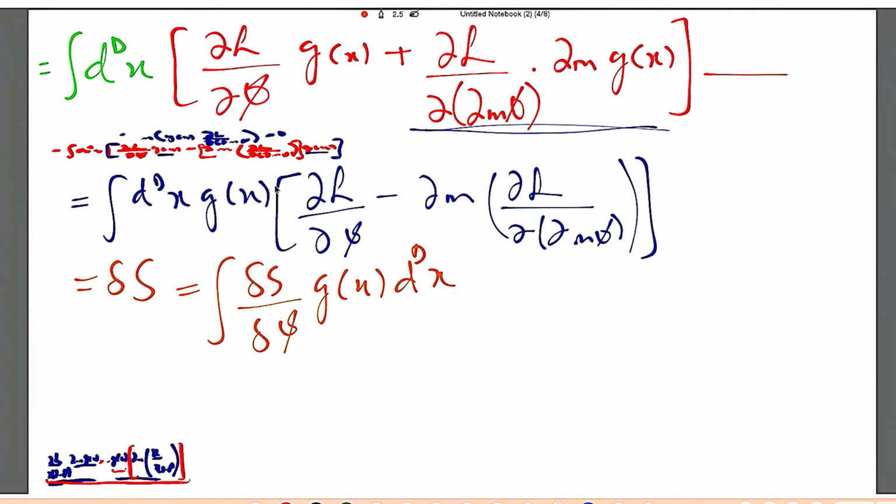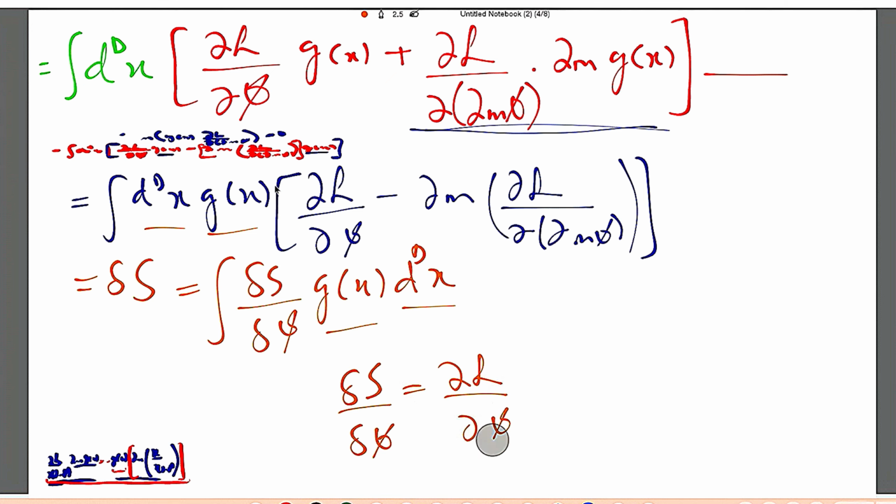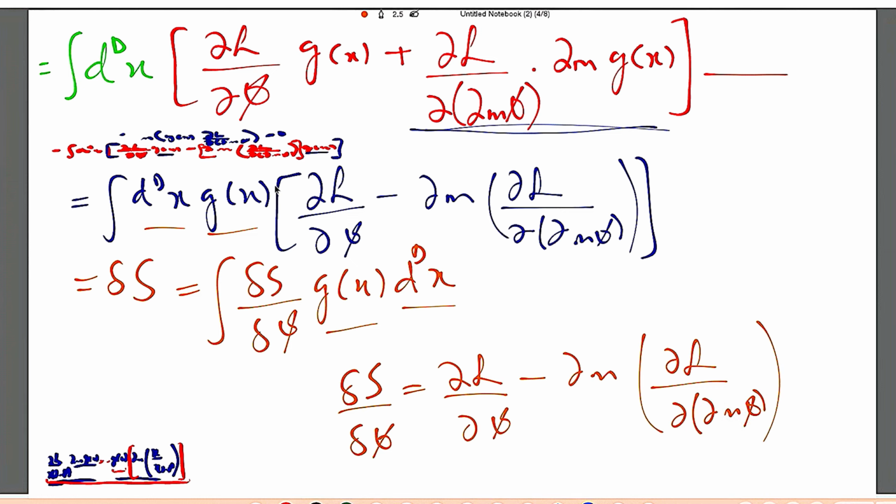So if you do the comparison, you will see that this is g of x, this is g of x, d dx integral. So this inner term is actually the functional derivative of action with respect to phi field. So now you know what the functional derivative of action equals.